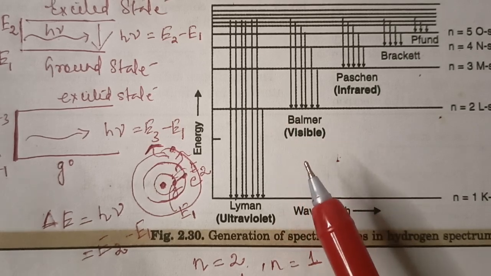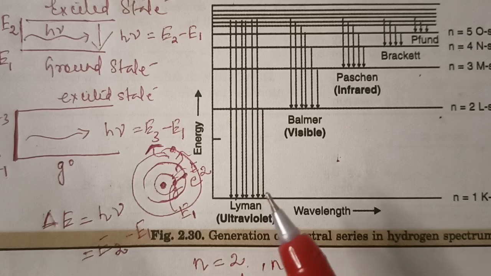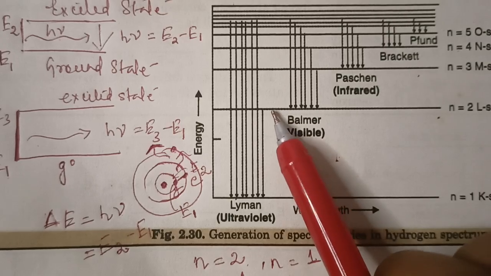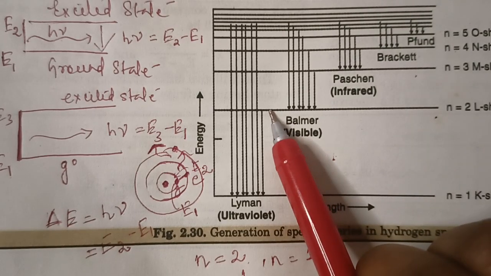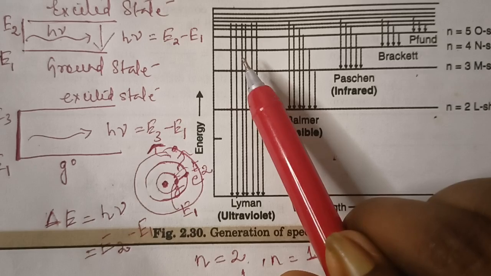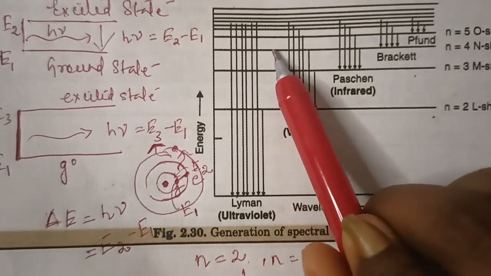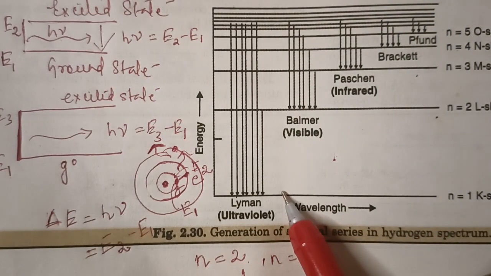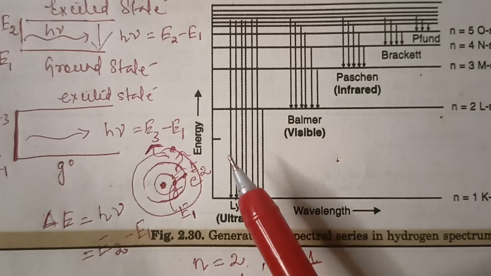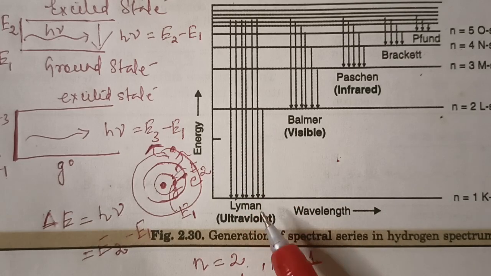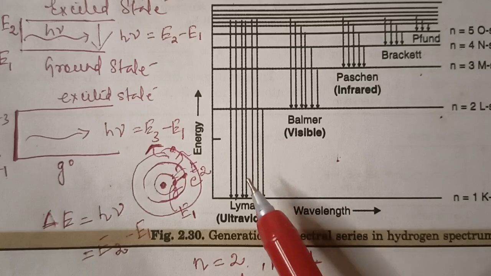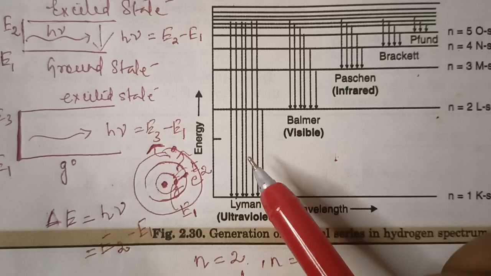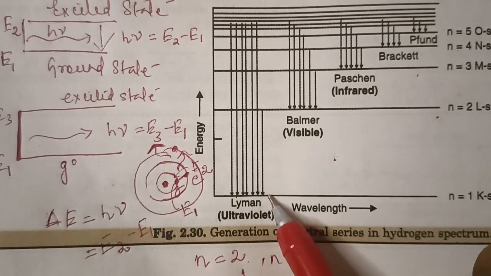From the figure we can say that, for example, when the electron jumps from an energy level higher than 1, that is n equals 2, 3, 4, 5 and so on, to energy level 1, the lines are obtained in the ultraviolet region, and this is called the Lyman series.